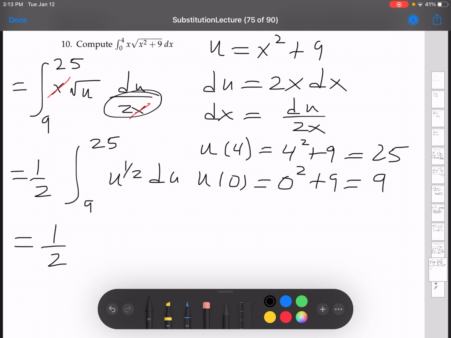Let's see, u to the 1/2 antiderivative, and we add 1, divide by whatever you get. So 1/2 plus 1 is 3/2. So you have u to the 3/2, and you're going to divide by whatever you get, which is 3/2. So something over 3/2 is the same as multiplying by 2/3. Remember that 1 over 3/2 is equal to 2/3.